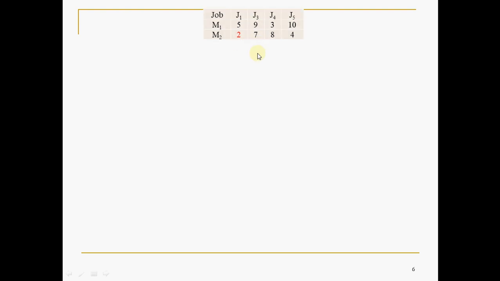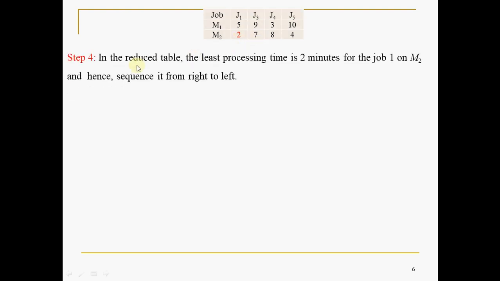In the reduced table, the least processing time is 2 minutes, for job 1 and machine 2. This corresponds to job 1 but on machine 2. As per the algorithm, if the least processing time corresponds to machine 2, you sequence that job from right to left.